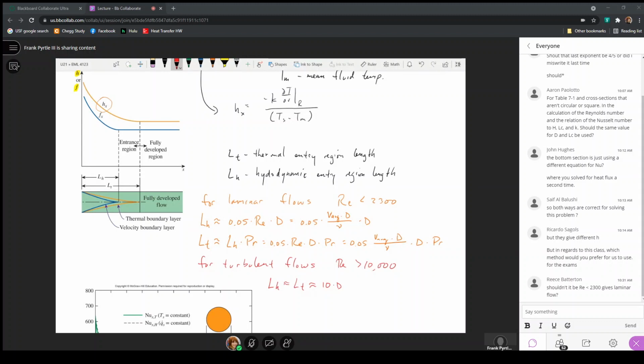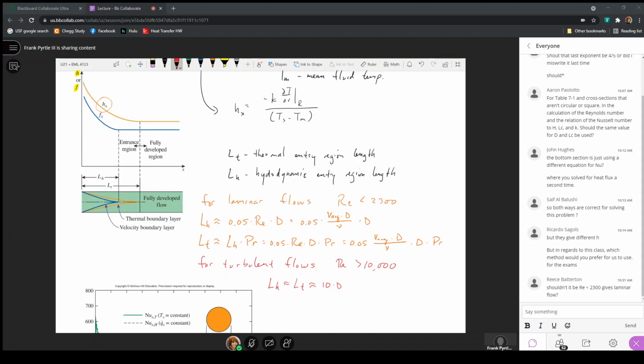So if the diameter of the pipe is 1 centimeter, then the hydrodynamic and thermal entry region lengths would just be 10 centimeters, and it would only take 10 centimeters of length of the pipe for the heat transfer coefficient to become a constant and for the friction factor to be a constant when it's a turbulent flow.